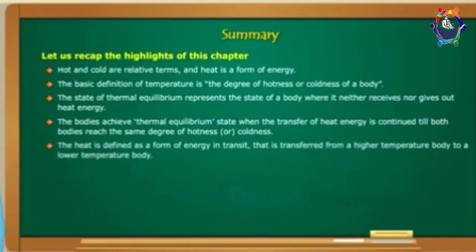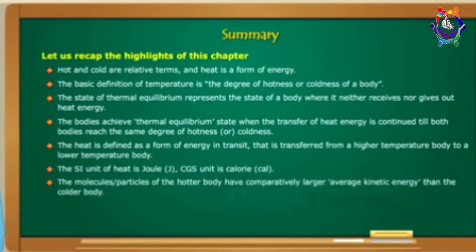Heat is defined as a form of energy in transit that is transferred from a higher temperature body to a lower temperature body. The SI unit of heat is joule, CGS unit is calorie. The molecules or particles of the hotter body have comparatively larger average kinetic energy than the colder body.